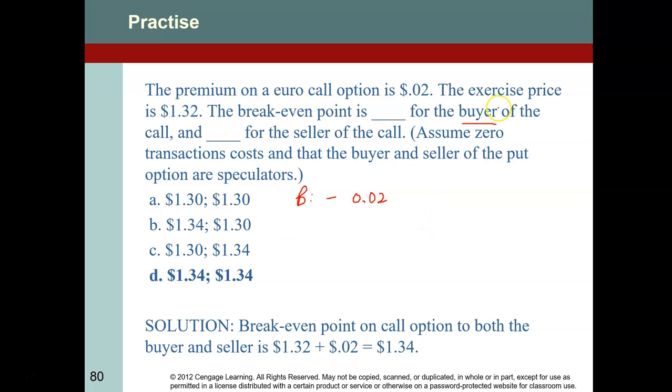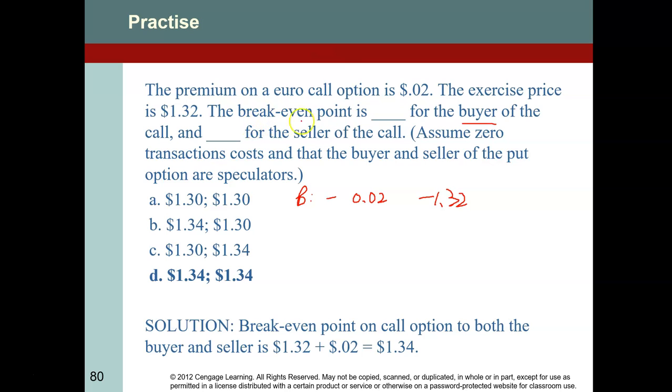And then when we exercise the call option, we're going to pay 1.32. So altogether, we're going to pay 1.34 to buy and exercise the option. This is our cash outflow.